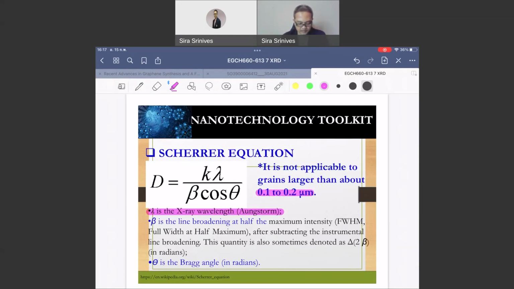The grain size is supposed to be less than 0.1 to 0.2 micrometer, which is like 200 nanometer. And beta is the line broadening at half of the maximum intensity, which is the width of the highest peak.